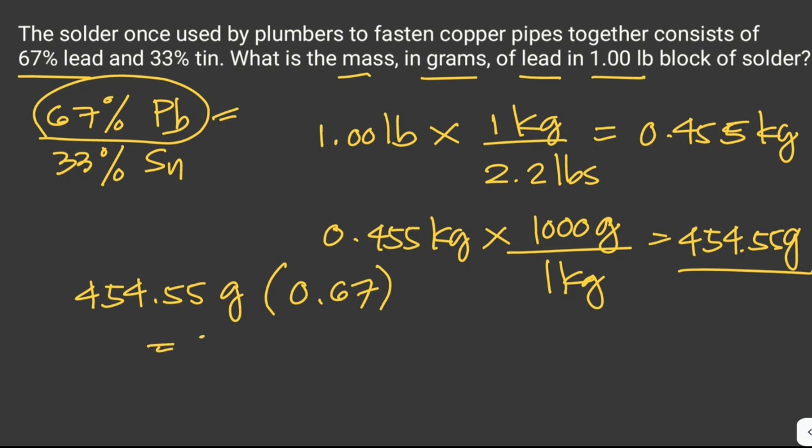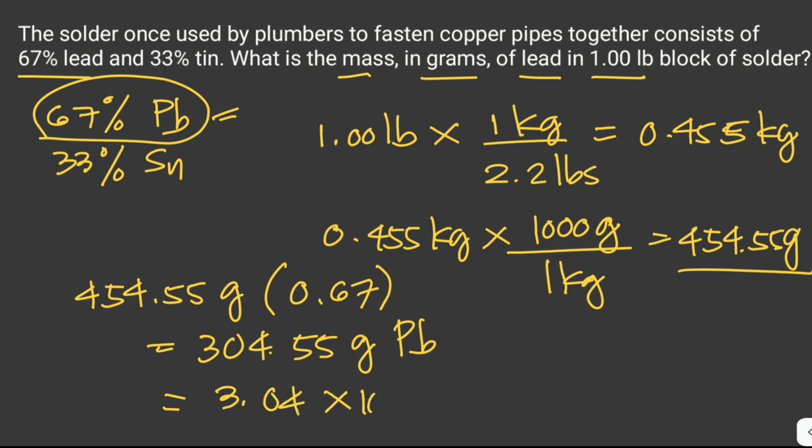And this would give us 304.55 grams lead, or we can write this in scientific notation as 3.04 times 10 squared grams of lead. So that is the mass of lead in grams in 1 pound block of solder.